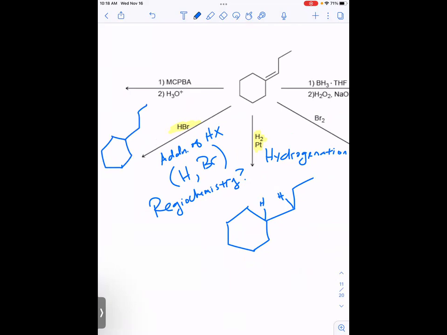So what is the outcome of this reaction? Which carbon in the double bond is the most substituted? Let's start there. Because this is my double bond right here, is that right? Which carbon is more substituted?